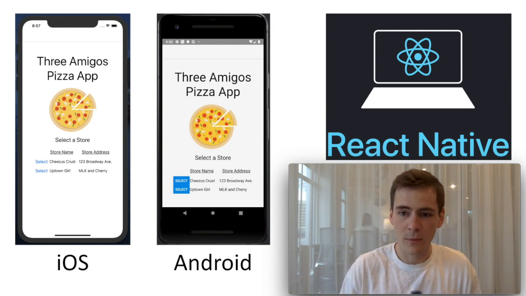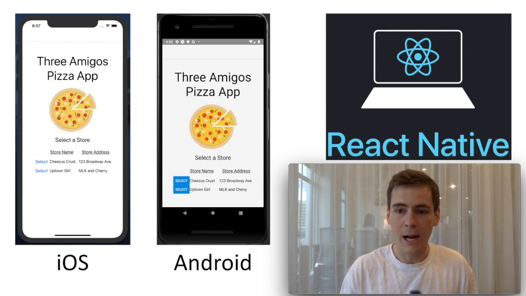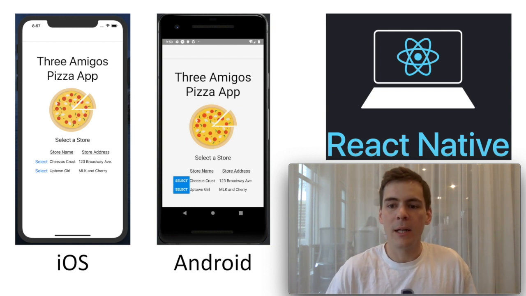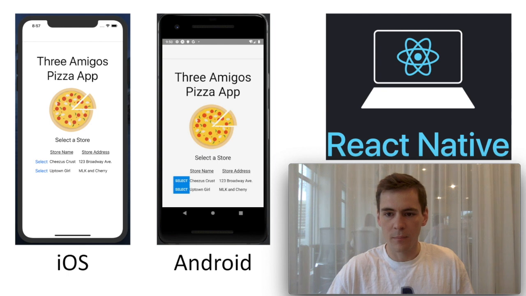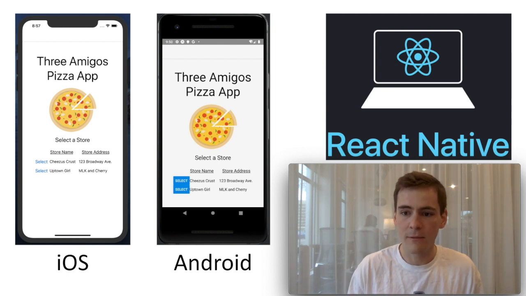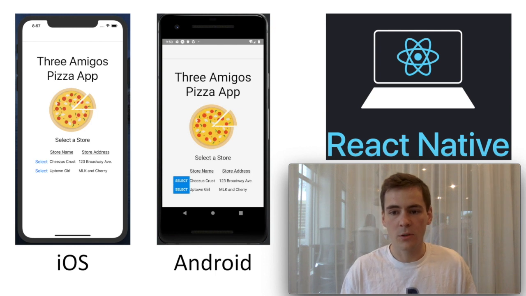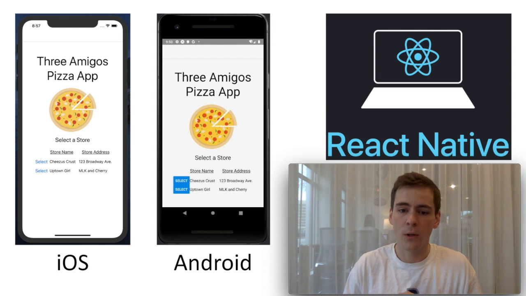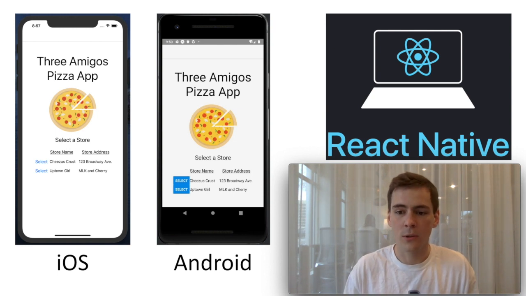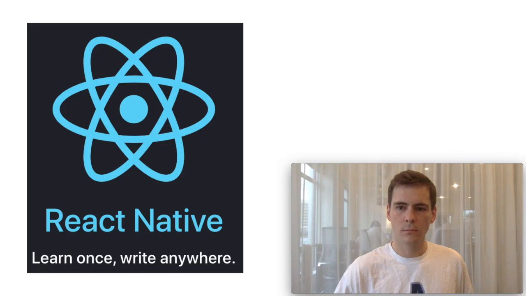We get better performance than if we were to use, say, a wrapper and a web view that doesn't compile actual native code, but it can make things a bit more difficult because we're not just using the standard HTML, CSS, and JavaScript that most people would be used to with web development. We don't use CSS or normal HTML elements at all, and we can only use the elements of JavaScript that are supported by React Native.